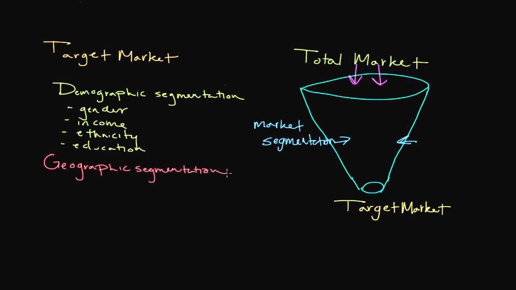And geographic segmentation is simply dividing the market into groups based upon geographics, right? Things like location. And so you may do this on a regional basis, right? You can do this based upon zip code and a host of other areas. The main thing with geographic segmentation, and usually why most companies incorporate it to some degree, is because many times companies start out and they only operate on a certain level, right?